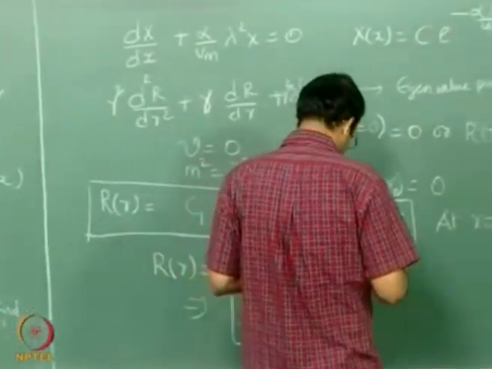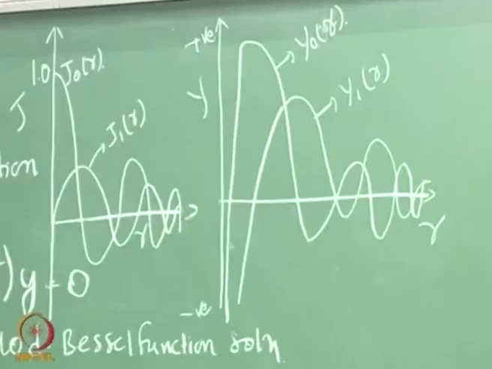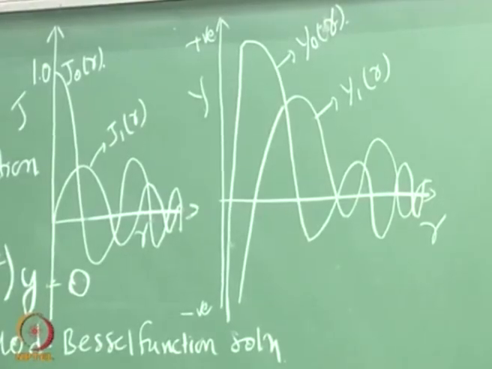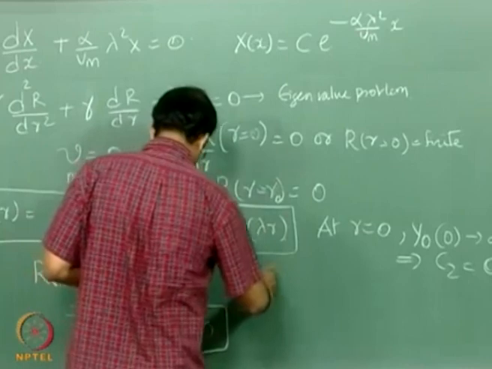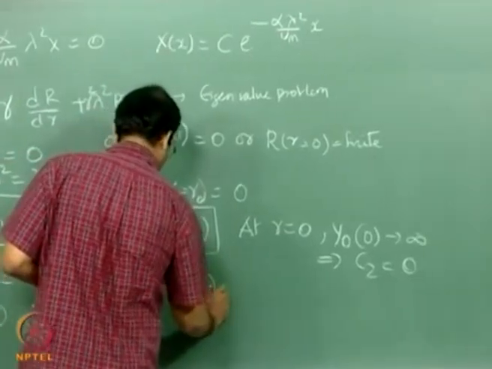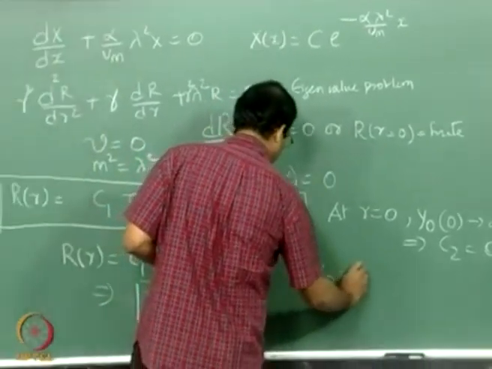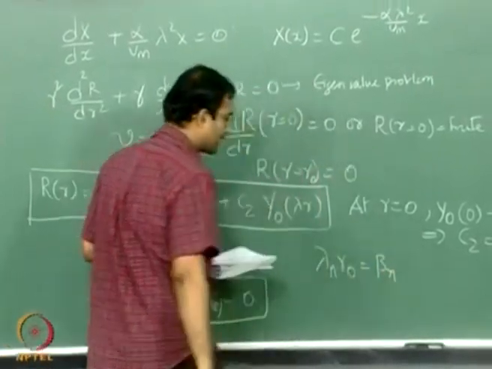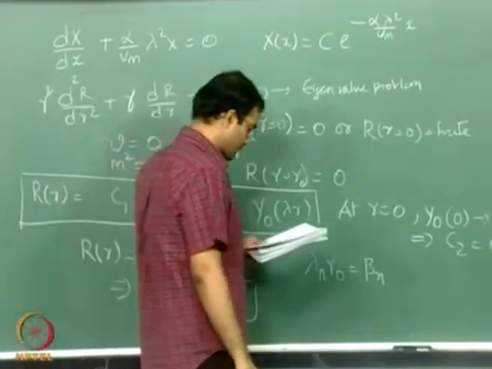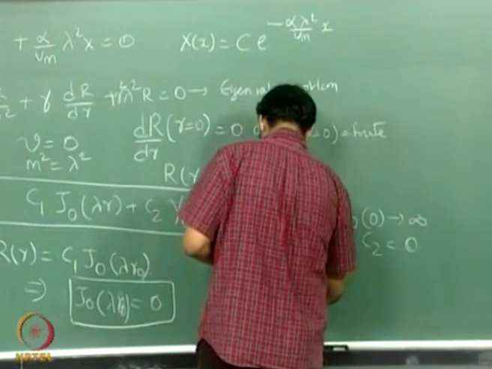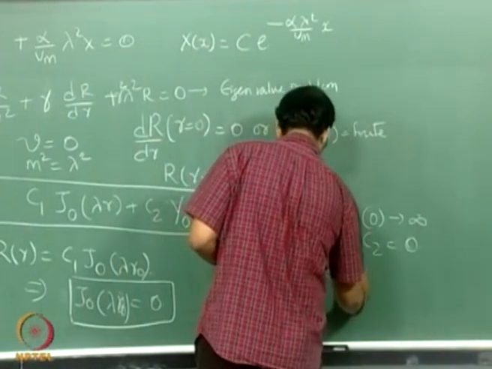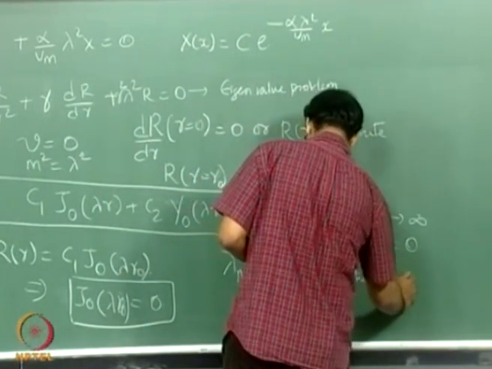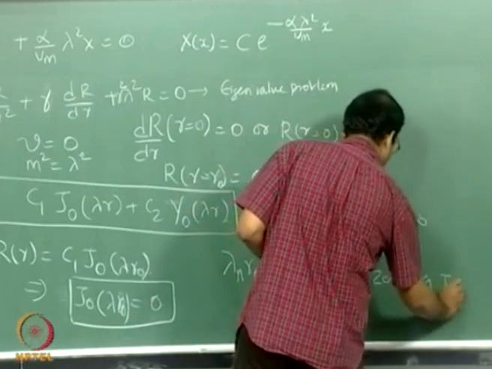So I will just give you the first few roots where J becomes 0, so let me call lambda n r naught as some factor beta n. So these are the zeros of J naught beta n.